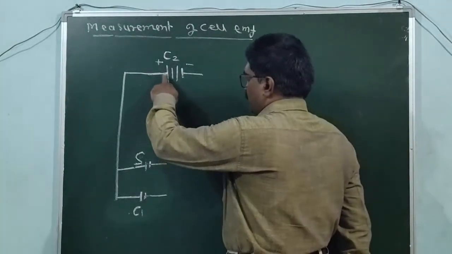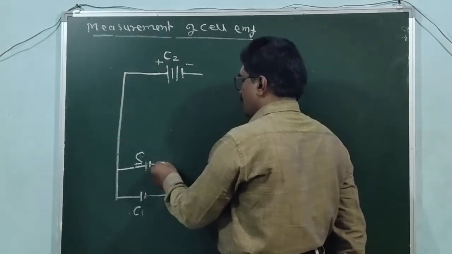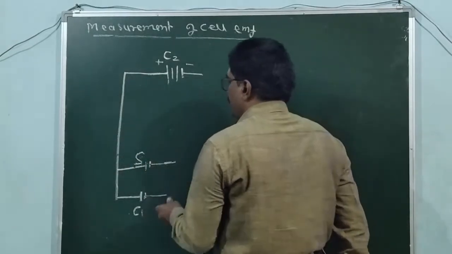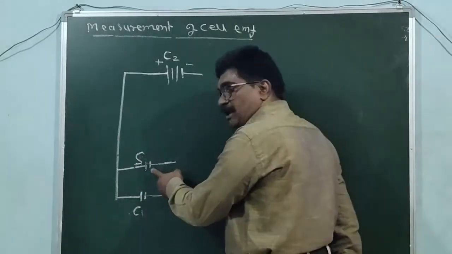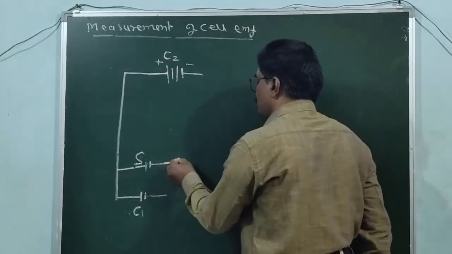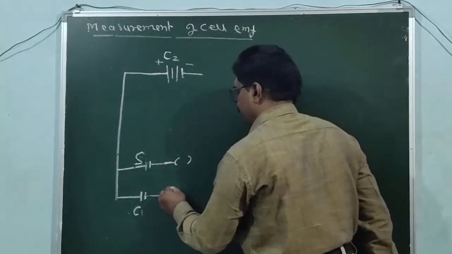Now here the positive end of the battery source is joined with both of the cells, and the negative end of cell C1 and standard cell is joined to the jockey through a key.